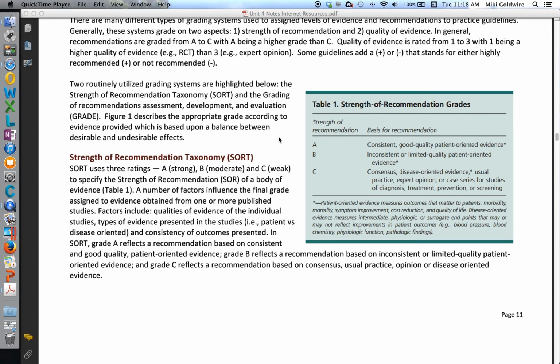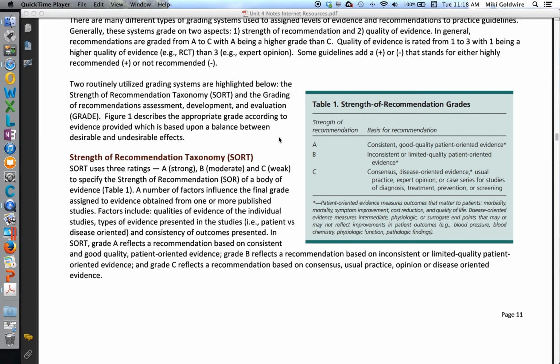The SORT criteria uses 3 ratings: A for strong, B for moderate, and C for weak, to specify the strength of recommendation. A number of factors influence the final grade assigned to the evidence obtained from one or more published studies. Factors include quality of evidence of the individual study, types of evidence presented in the study, and consistency of outcomes presented.